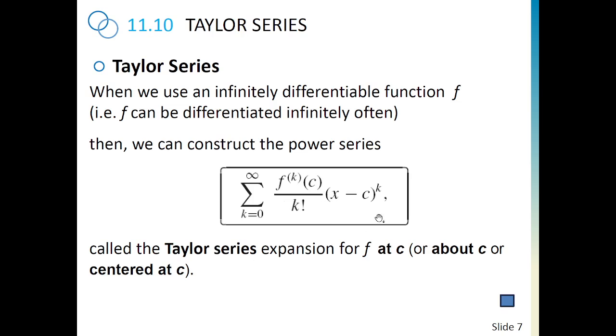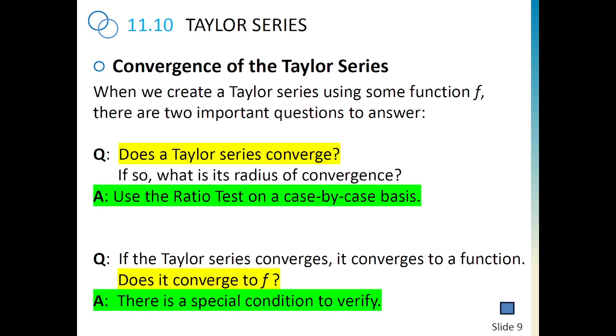Then using the ratio test, we will find the interval of convergence. And now the last question is, that beautiful series is convergent to some function. Great. To which function? Hopefully it's the function sine x, because I used sine x to generate the series. So that needs to be verified, and we will see the condition that we need to satisfy for that.